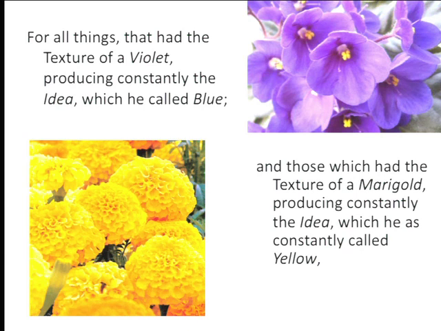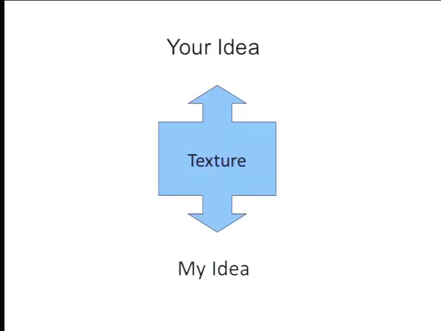Because after all, it's the same texture out there that is producing your idea as my idea. It's producing a different idea in you than it does in me. But it doesn't matter, because we can use our ideas as signs for one and the same texture.